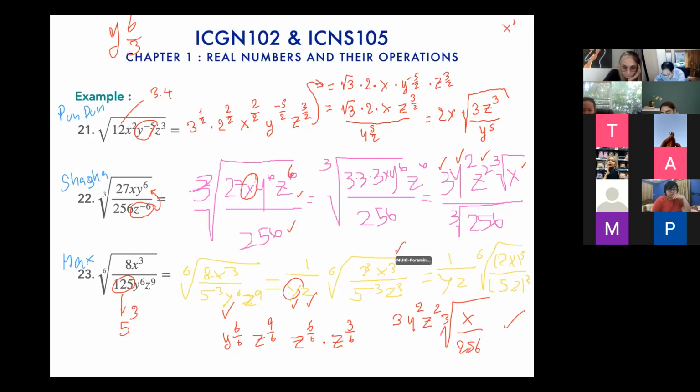So in here he gets 1 over yz, and then we still have the 6 root inside, to have 8 times x cube over 5 to the power of 3, that is 125, z cube.